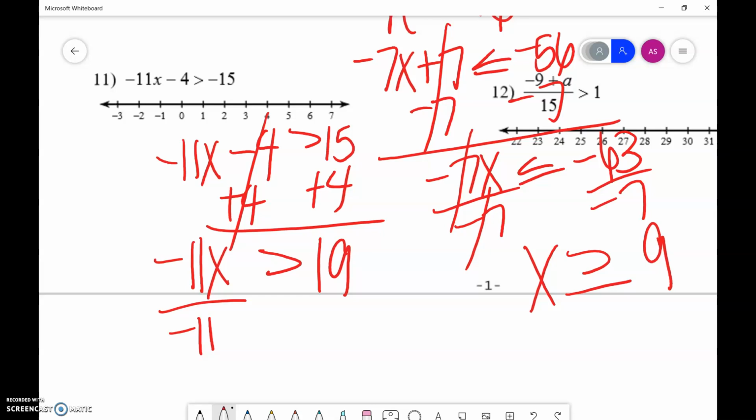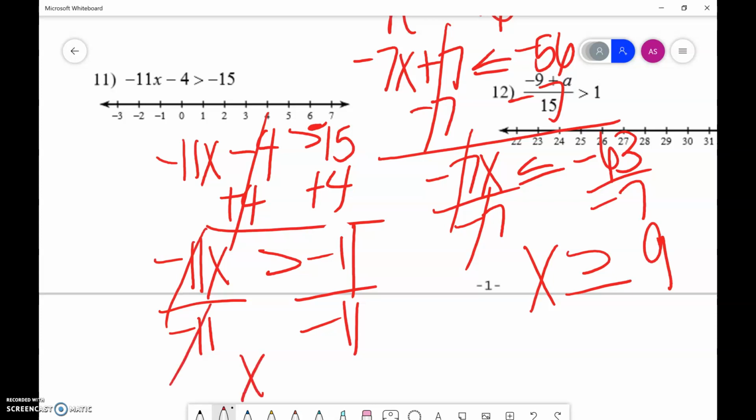What did I miss here? Oh, that should be negative 15, okay? Making that negative 11. Okay, I'm going to switch my sign, so I have x is less than positive 1. Put an open dot here, and my arrow is going to go to the left.